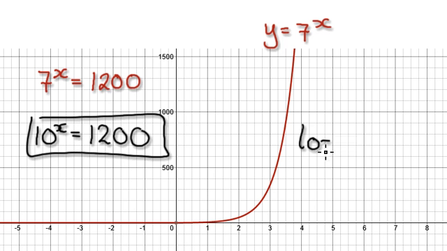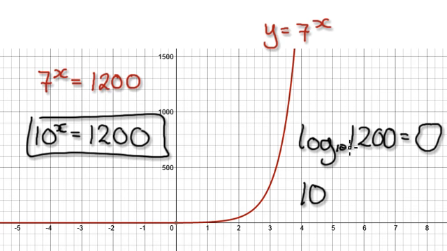You would just punch in log, and then the calculator will default it to the base of 10, 1, 2, 0, 0 here, and then equals something. When you translate this, it will be 10 to the power of what will give me 1200. So here the calculator will automatically give you this, because you're working in base 10.